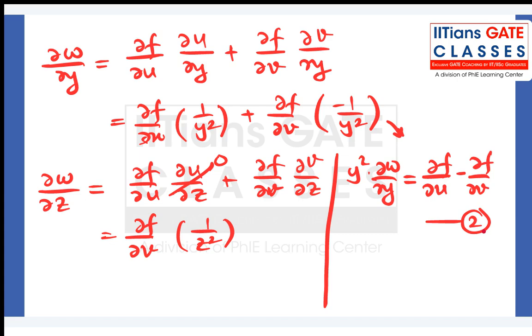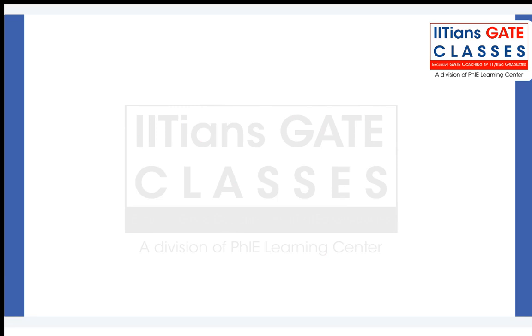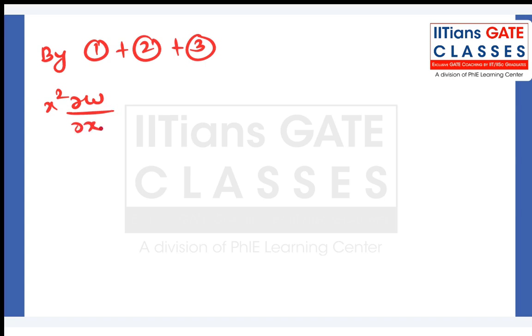And from the del w by del z term, you are supposed to multiply by z square. That will give you del f by del v. So this is your equation number 3. And you are supposed to add all these three equations. If you add them, you will have x square del w by del x plus y square del w by del y plus z square del w by del z.